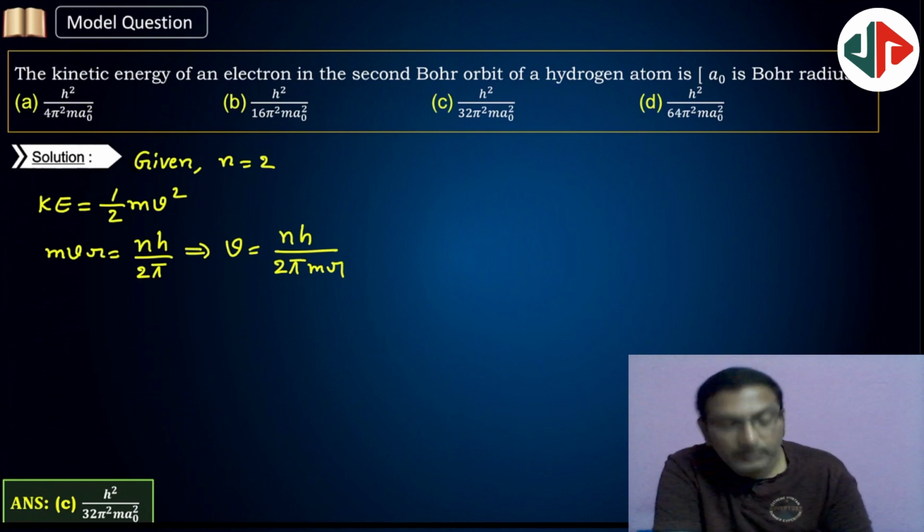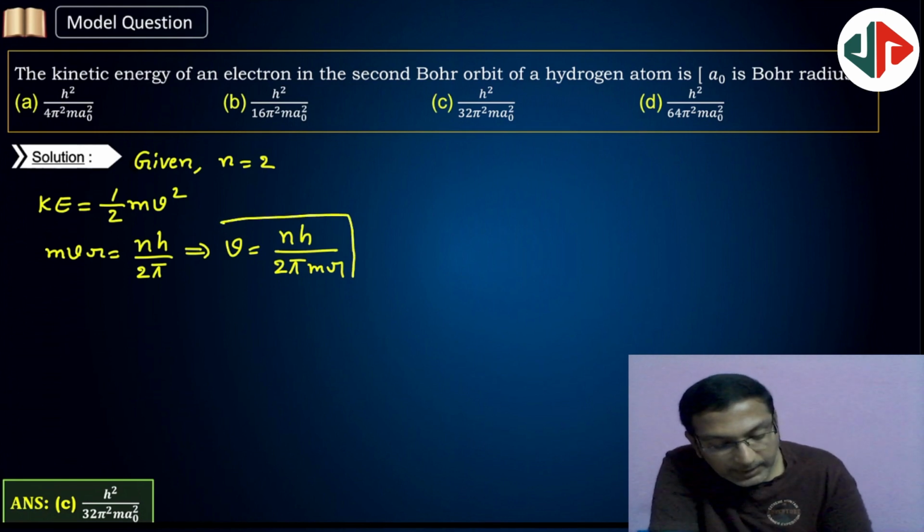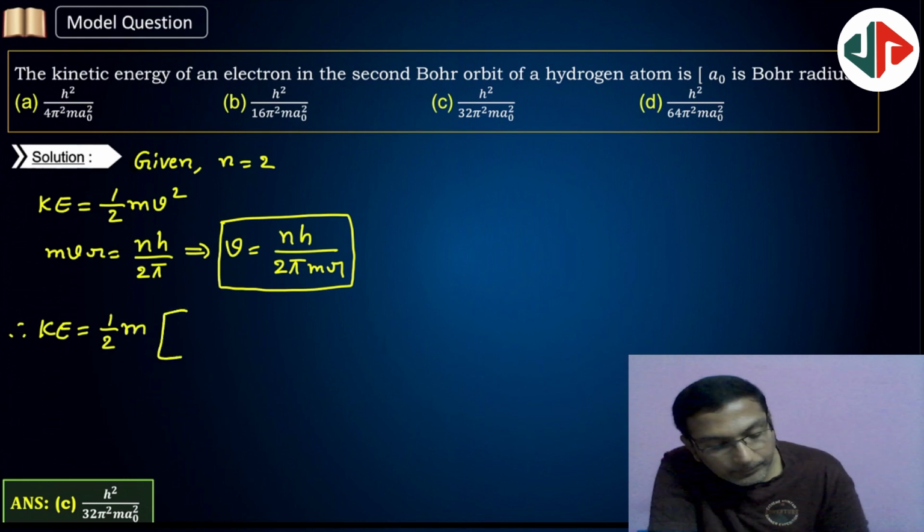So substitute the value of v in the kinetic energy expression. Therefore, K equal to half into m v square, which is n square h square by 4 pi square m square r square.